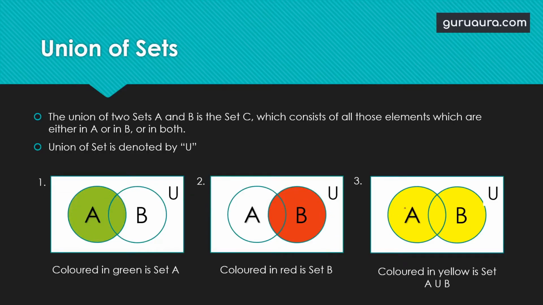And the union of these two sets is as shown in figure 3 in yellow. It includes all the elements of set A and set B. So we can say a union of set A and set B includes all the elements of set A and set B. Now let's understand union of sets with an example.